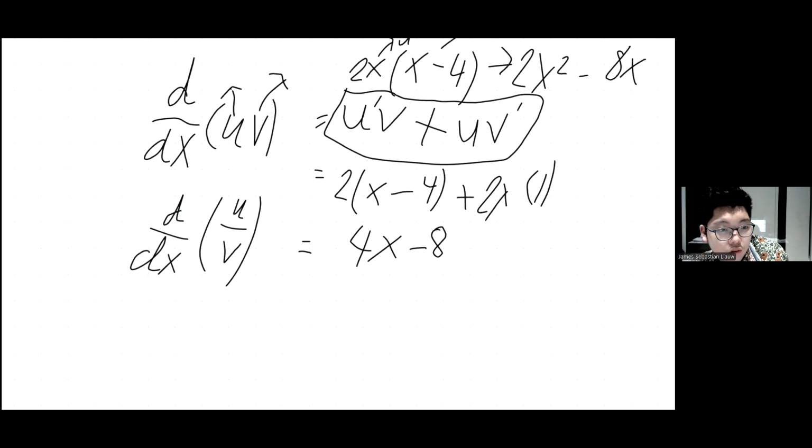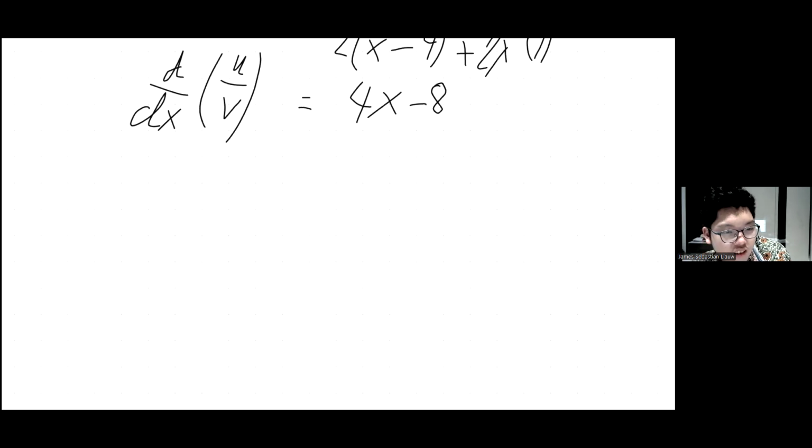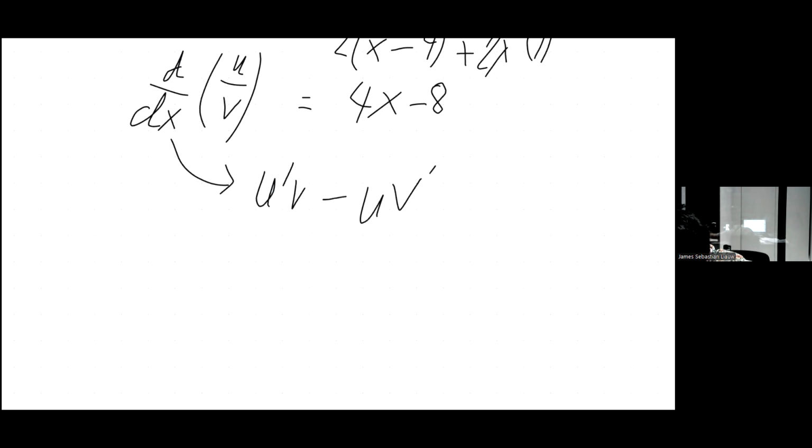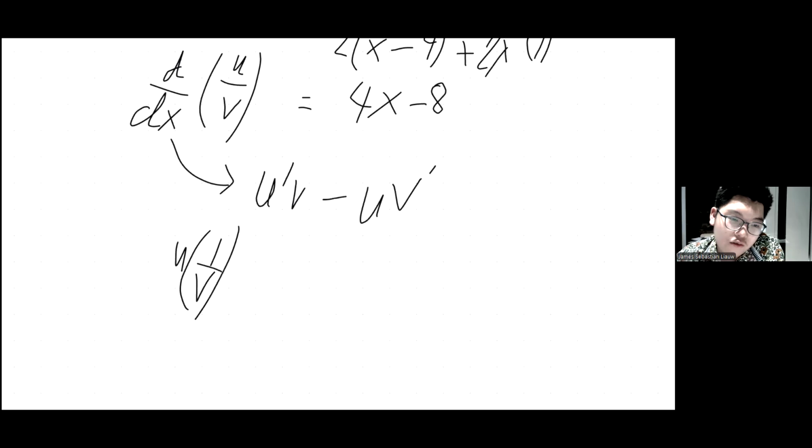And then for quotients, it's u prime v minus uv prime, over v squared. Actually, we can derive this from the product rule of u times 1 over v.